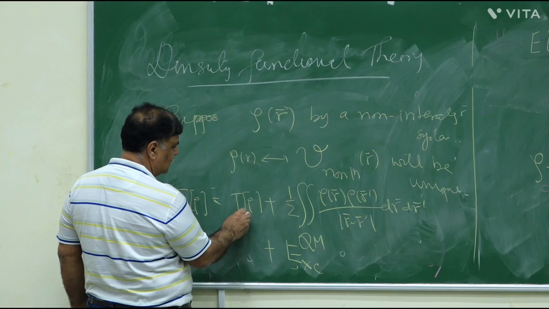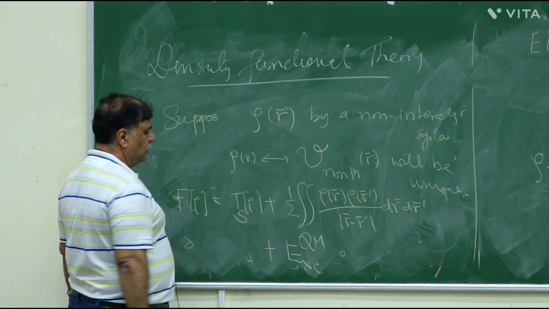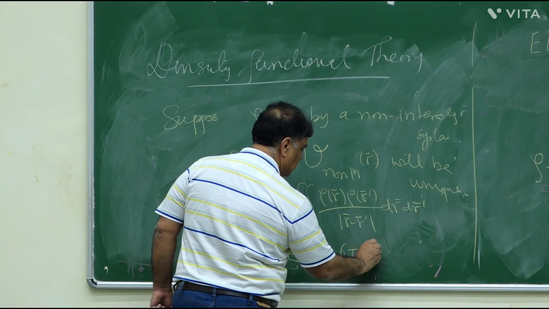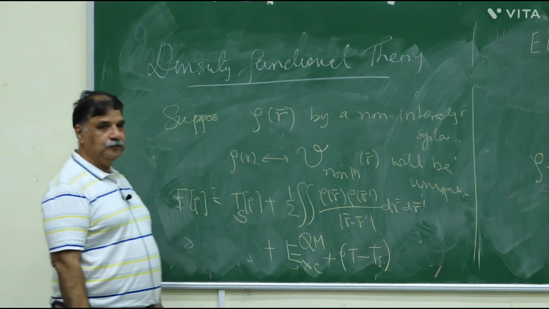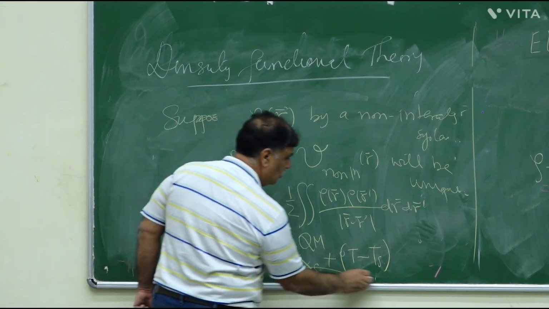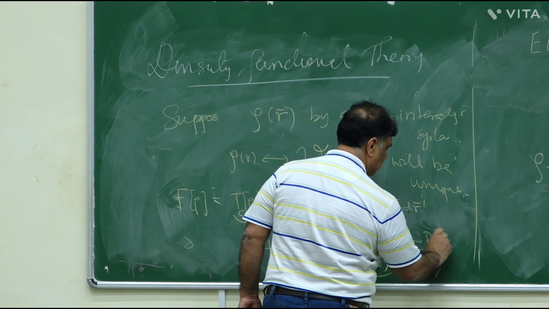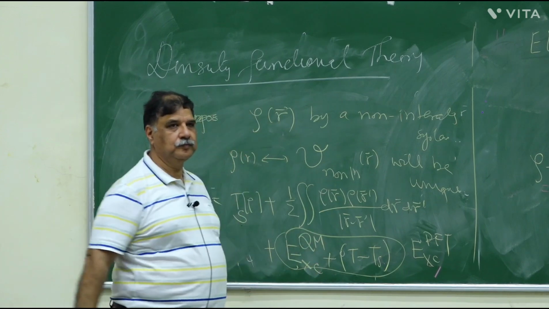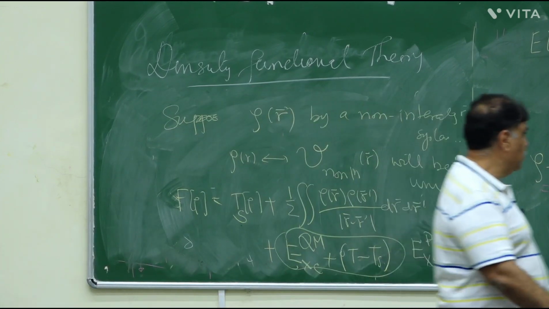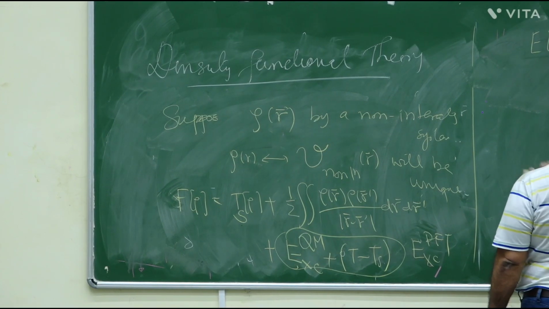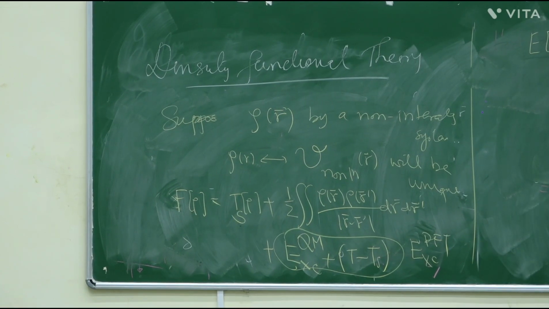But now I'm going to replace this by the non-interacting kinetic energy and add the difference, T minus T_s. And this I'm going to call E_xc^DFT.